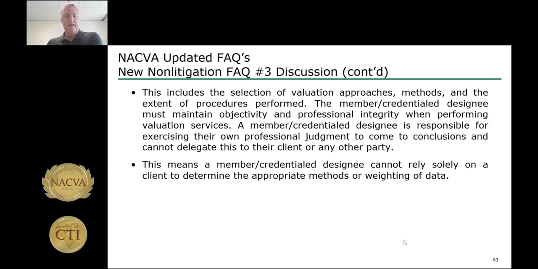Moving forward, and I guess this still kind of elaborates on that FAQ number 3. This does include the selection of evaluation approaches, methods, and the extent of procedures performed. The member credential designee must maintain objectivity and professional integrity when performing evaluation services. A member credential designee is responsible for exercising their own professional judgment to come to conclusions and cannot delegate this to their client or any other party.